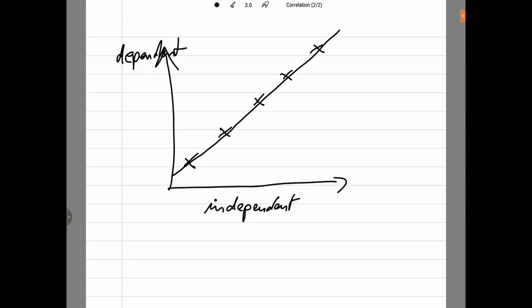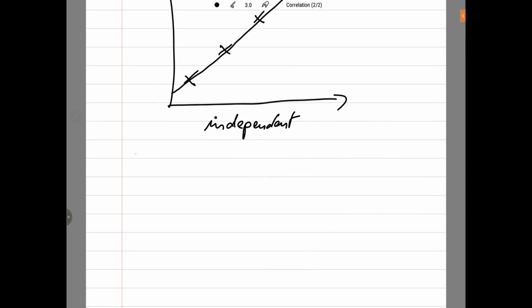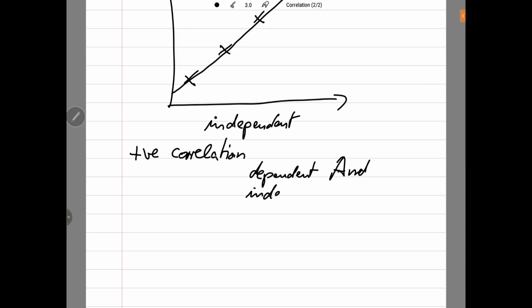Well, if I could draw properly. In this case, we have what is called a positive correlation. Positive correlation means that the dependent and independent variable move in the same direction.